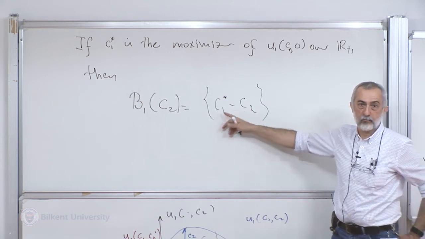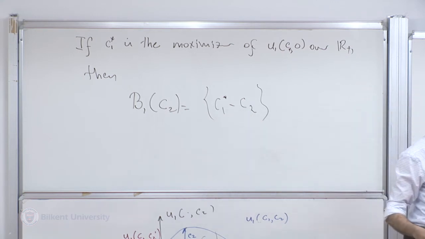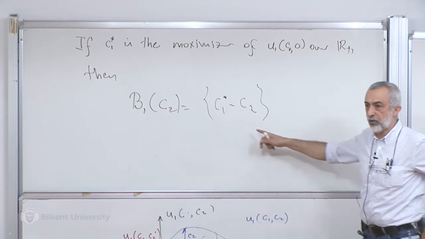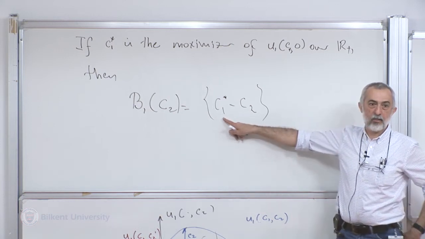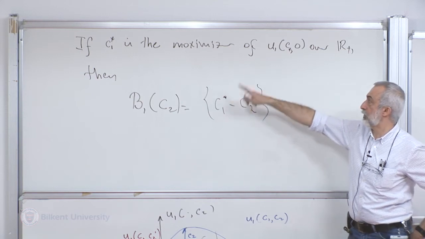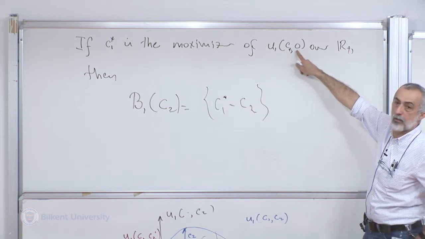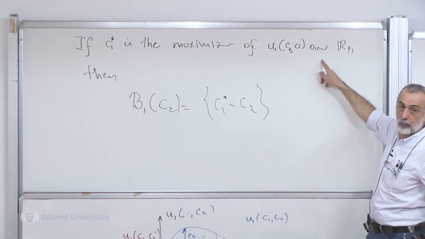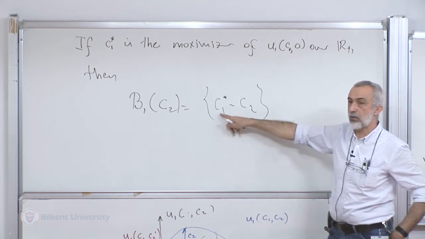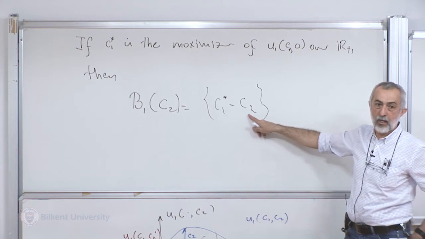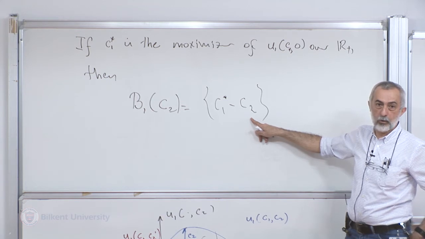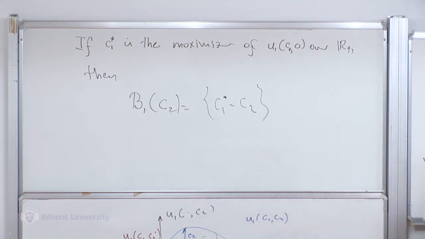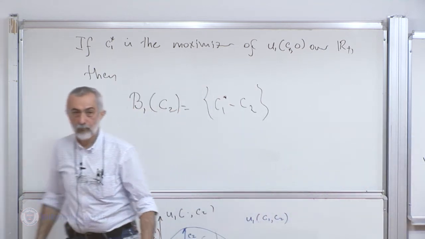But the strategy set of player 1 is restricted to the interval 0, W1. Two, C1 star is the maximizer of U1 of C1, 0 over R plus, not over the interval 0, W1. If C1 star is too big and C2 is not big, this number could become bigger than W1. But agent 1 cannot contribute more than what he has. So we should make some adjustments.